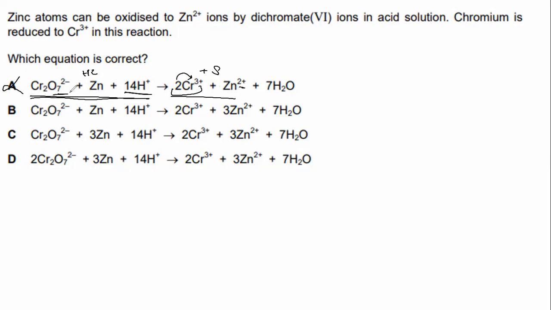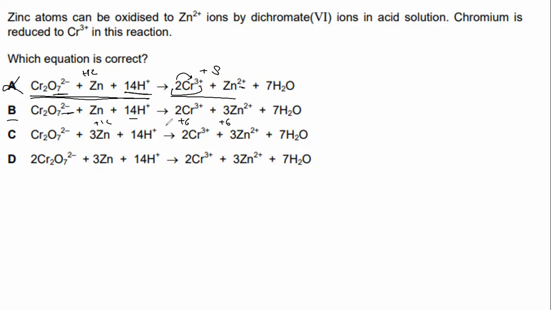Option A is wrong. Moving to option B. In option B, minus 2, here we have +12 as well. And this side, +6, +6. So yes, the total charge is +12.